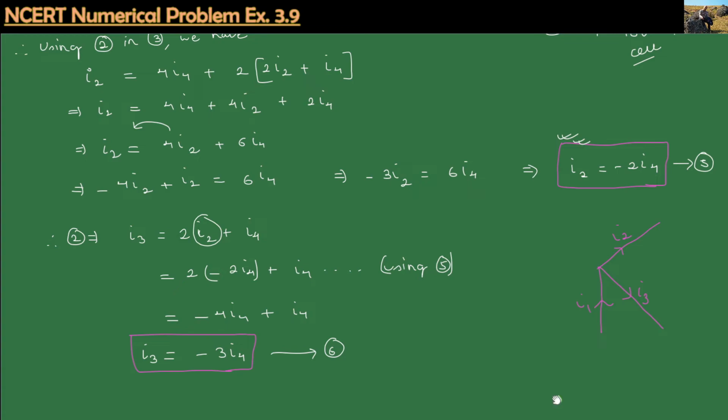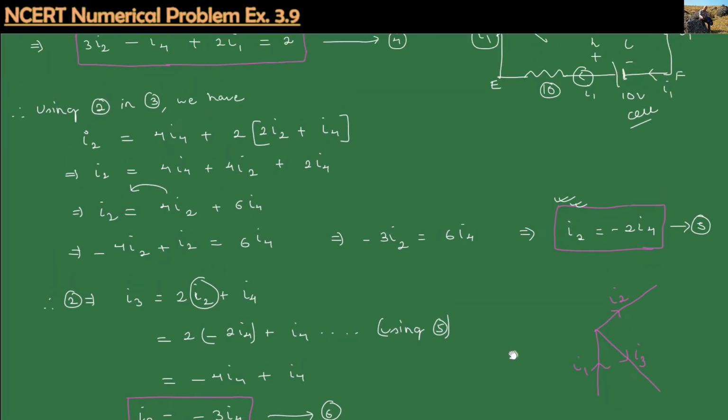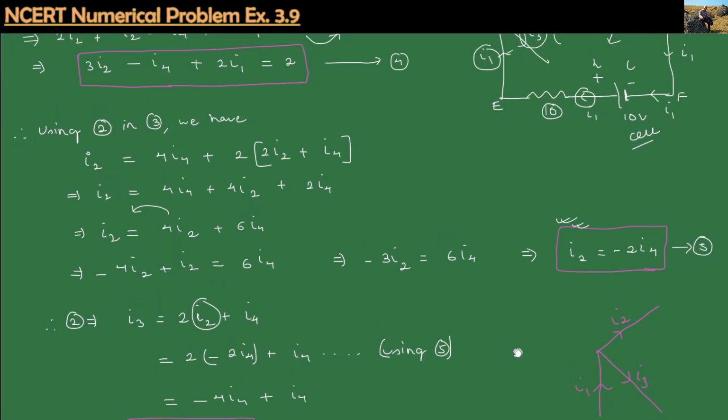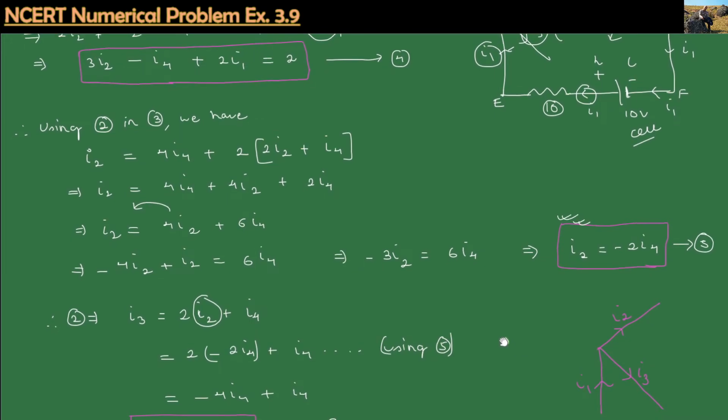When you look at equation number 4, we can find out I1. I2 we already know, so then we can find the value of I1.